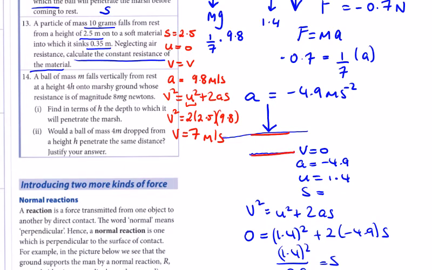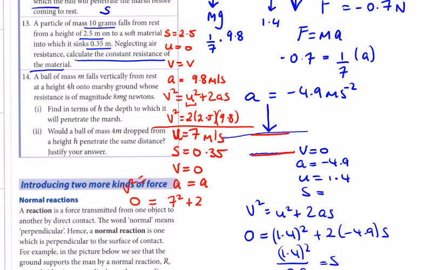It tells me 0.35. So we have V, we have S is 0.35. It comes to rest, so that V is equal to 0, so I can change the speed it hits at to a U. I'm going to go back up there now. We have U is equal to 7. So I need my acceleration here. Again, same formula, V squared is equal to U squared.